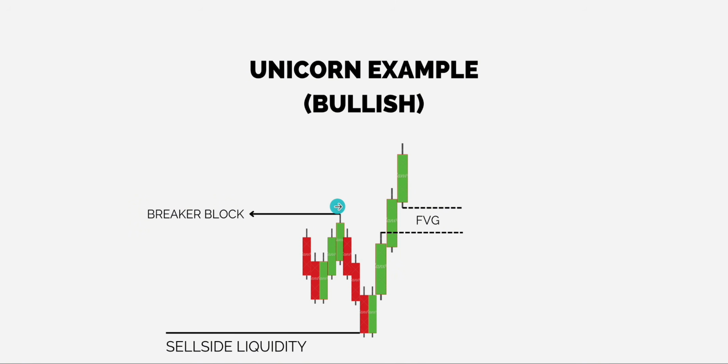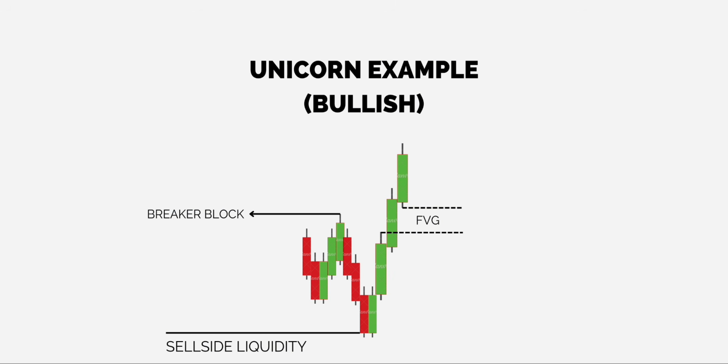In other cases as well, if you have continuous up close candles, like these three candles here, they are going to be your breaker block. But for precision, and if you want a more specific zone, I tend to just mark out the highest up close candle, and that's going to be my breaker block.